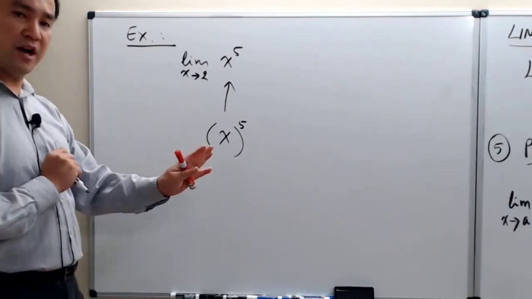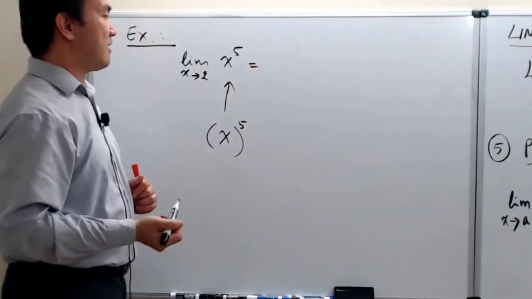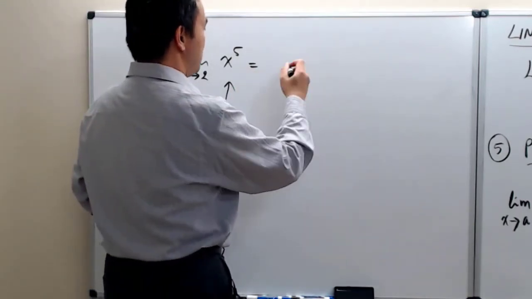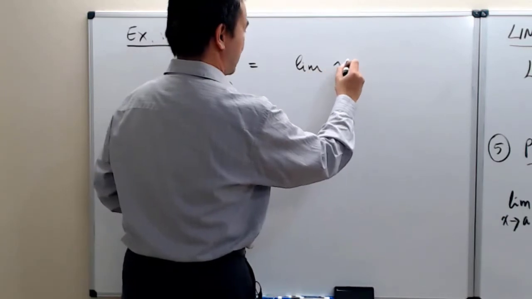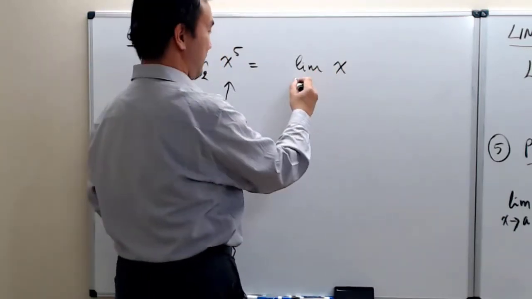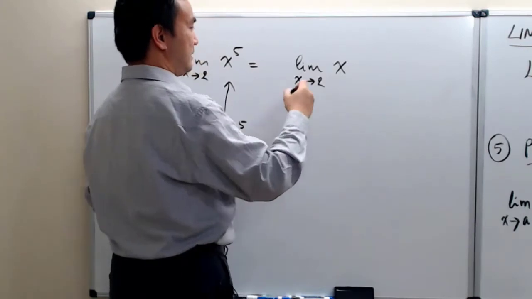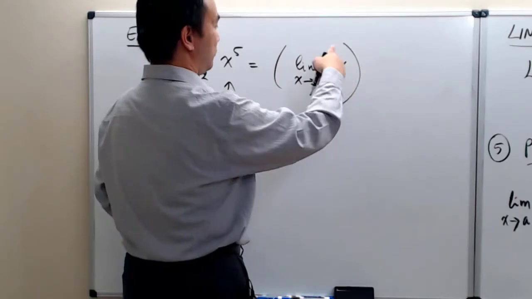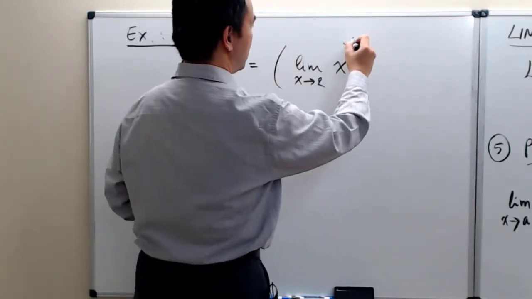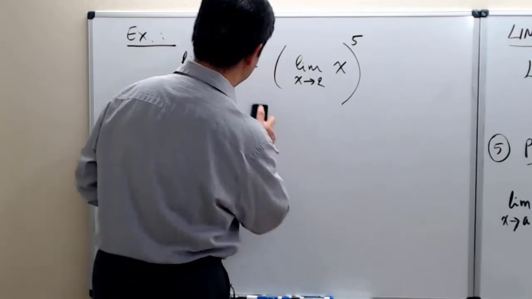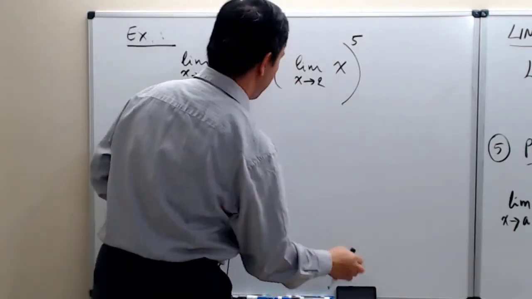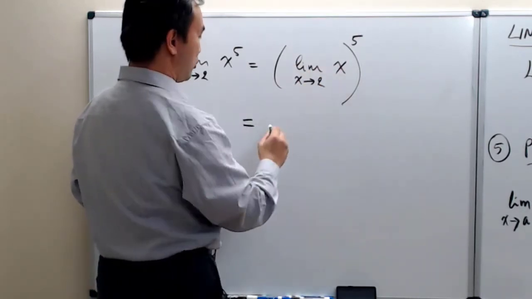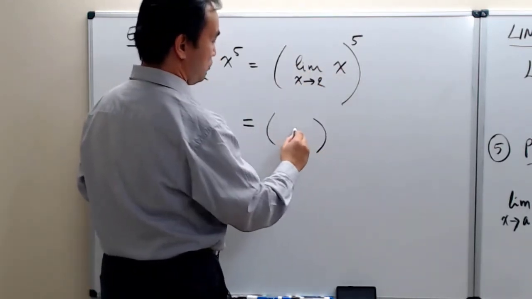All right, so in that way, here's how we apply the power of a limit law right here. With that law, we're allowed to find just the separate limit for x, which is quite simple, as we're letting x get close to 2. Then whichever comes out of this limit, which we will know quickly, we are simply just going to raise that limit to the 5th power. This special limit, everybody knows by heart, it's going to give you a value 2.